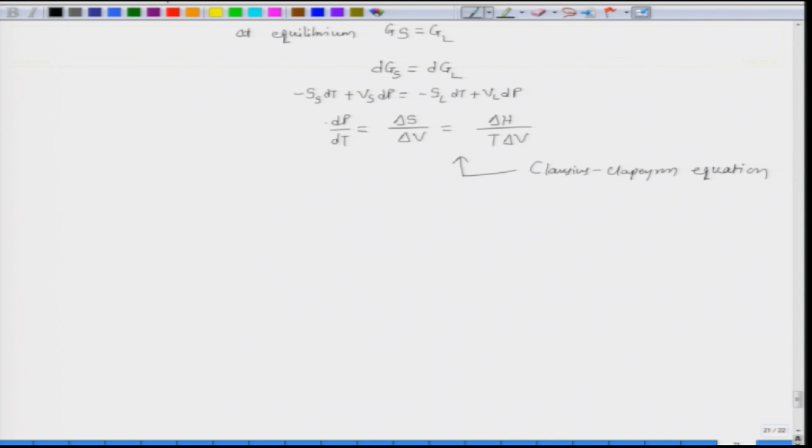So, now more specifically we denote this as dP by dT at equilibrium. Why? Because we are observing if I change the temperature a little bit and still maintain the equilibrium between the two phases, how much change in pressure has to be carried out, or if I change the pressure a little bit and still want to maintain the equilibrium between the two phases, which way the temperature should change.